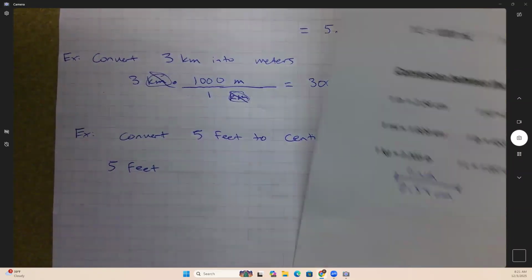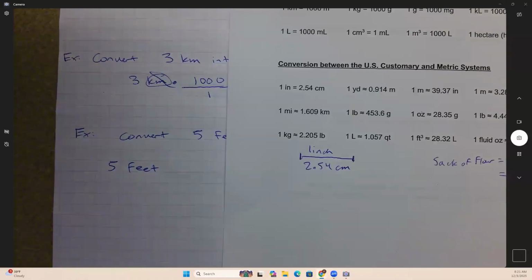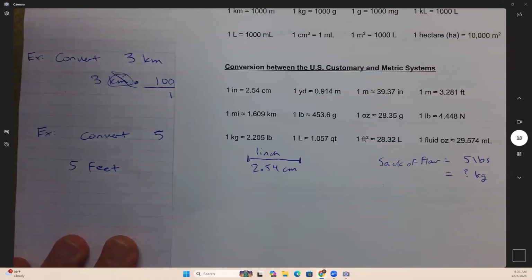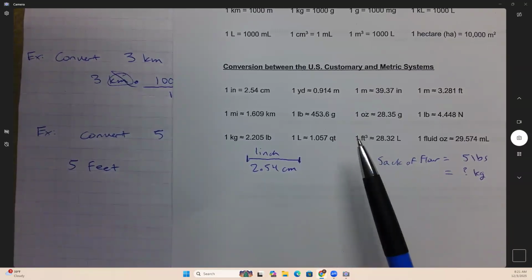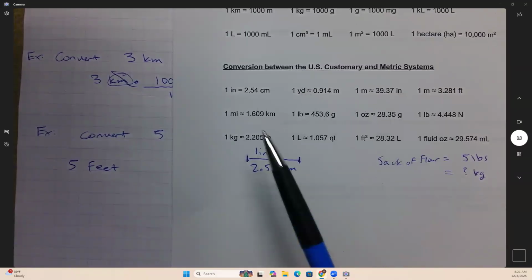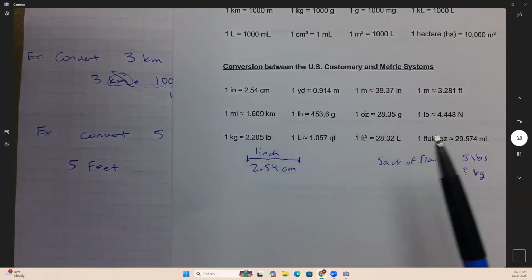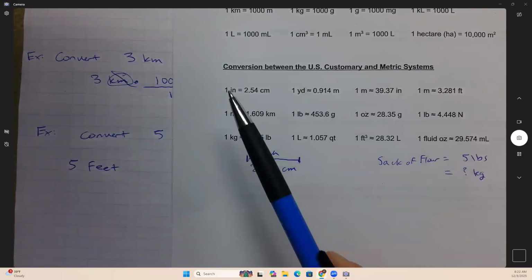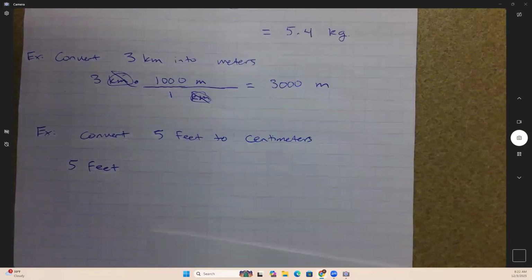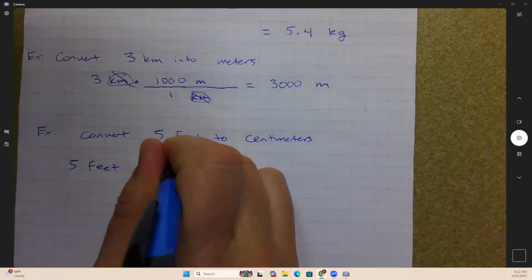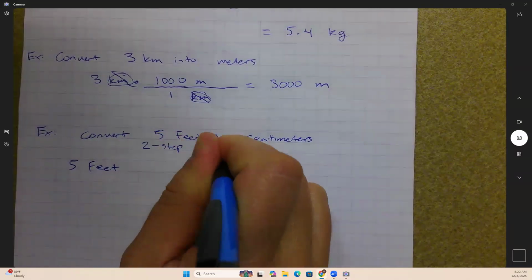So we go over to our conversion table. And let's see, feet. There's feet, no, that's feet cubed. I don't have any feet going from US to metric. But I do have inches going to centimeters. So I need to do a two-step process. This is a two-step process.